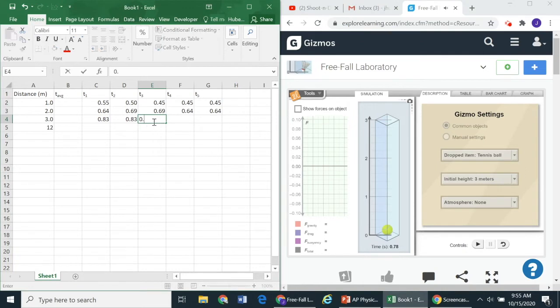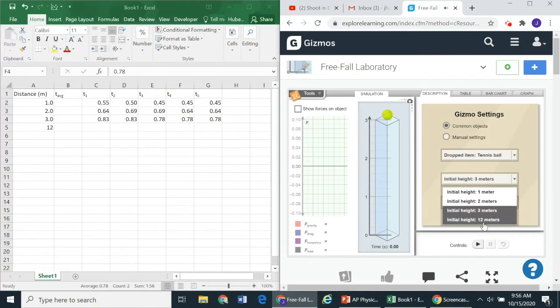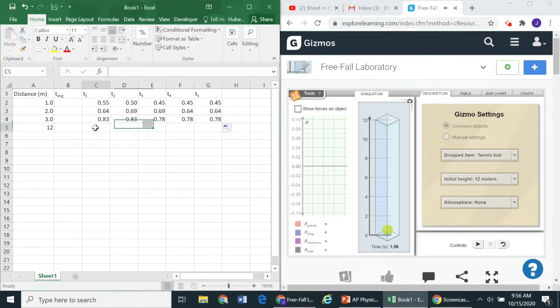0.78. 0.78. Okay. For 12 meters, we got 1.56.